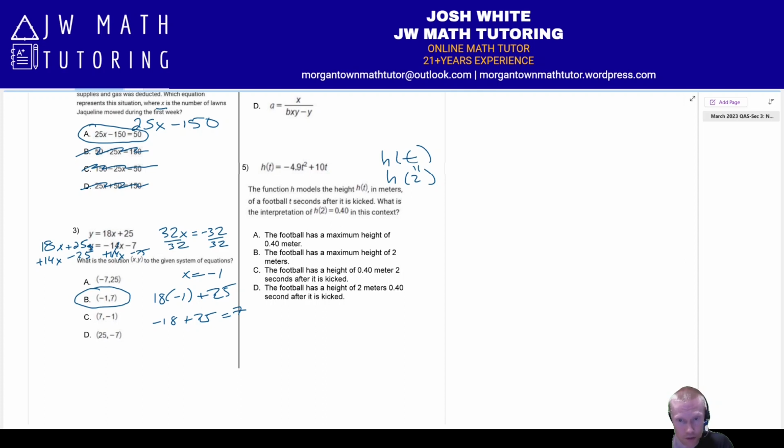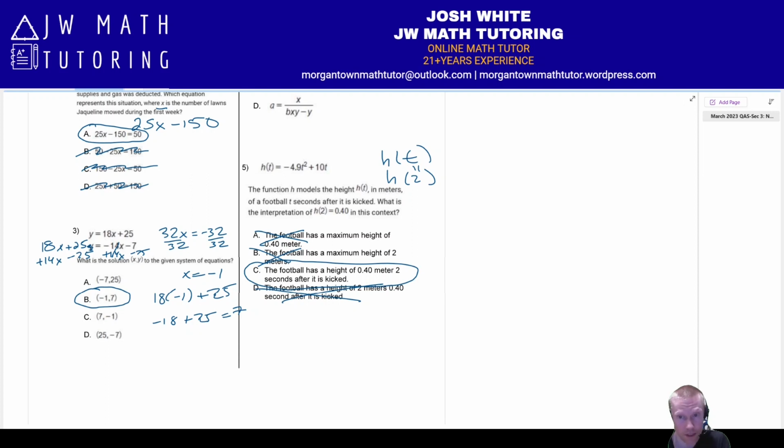So when we go down through these answer choices, the first one doesn't mention anything about 2 seconds. Second one doesn't mention anything about 2 seconds. It talks about 2 meters, but not 2 seconds. The third one does mention 2 seconds, so we would keep that for now. And then the fourth answer does not mention 2 seconds. So by process of elimination, it's going to be C.